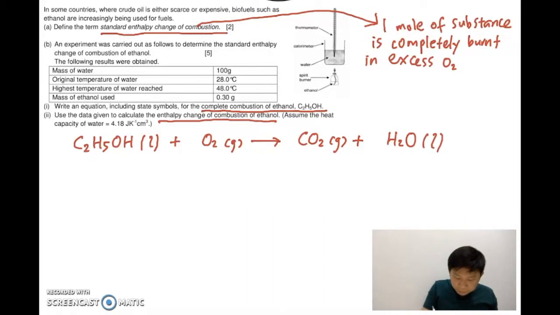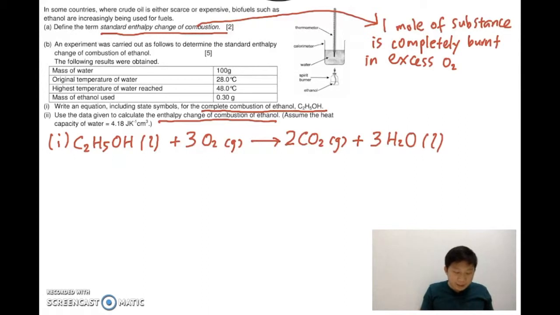So we put a 2, and then for the hydrogen we put a 3 over here. So the total number of oxygen on the right side is actually 7, right? 4 plus 3, and over here minus 1, so 6, so we put 3. So this is the first part, okay, for part 1.